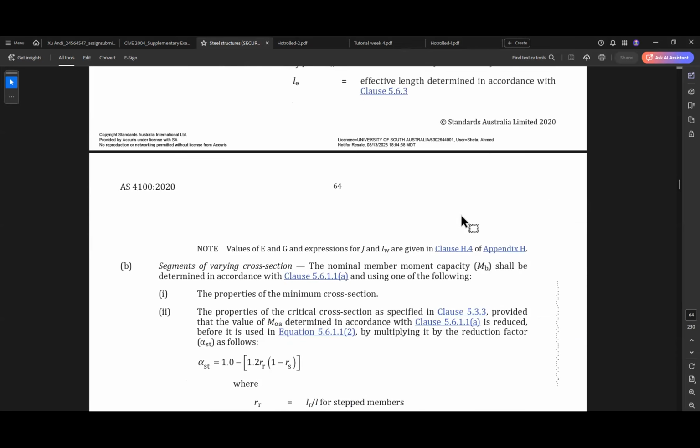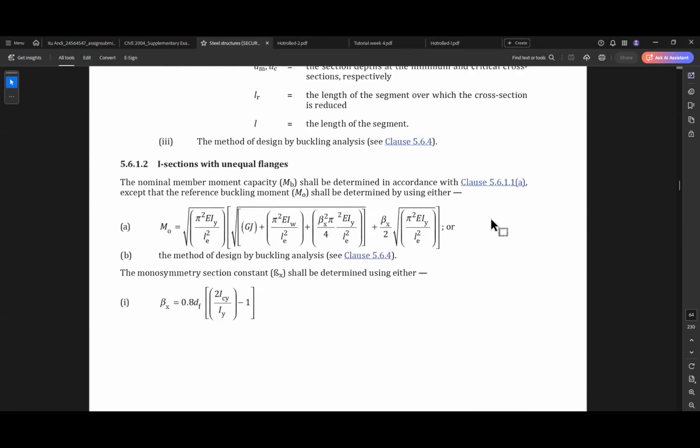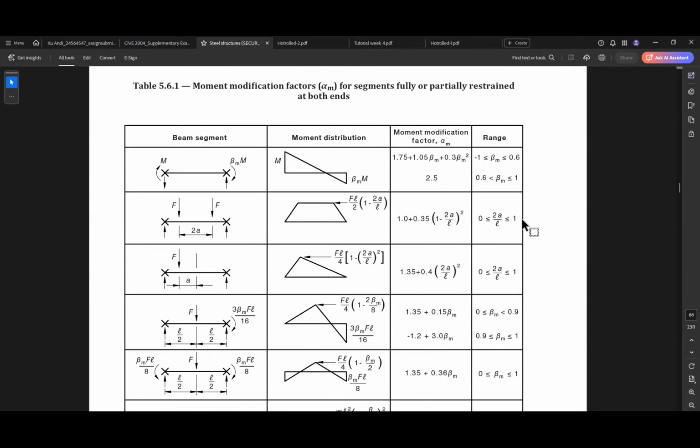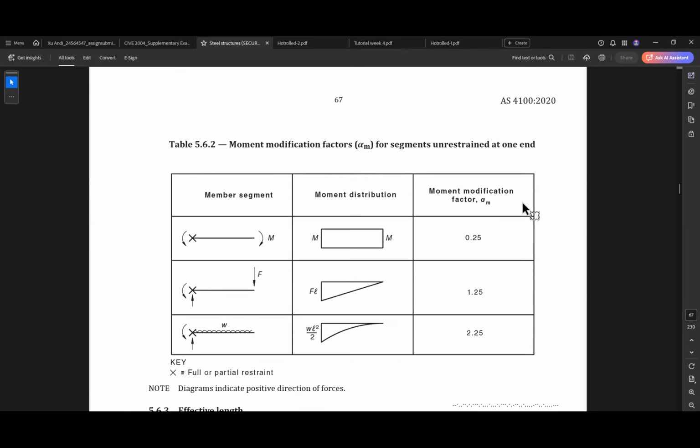So table 5.6.2 is this table here. This is 5.6.1 and this is 5.6.2.